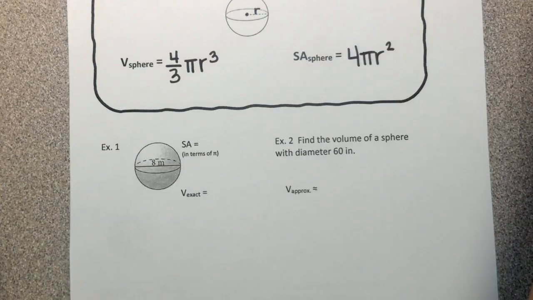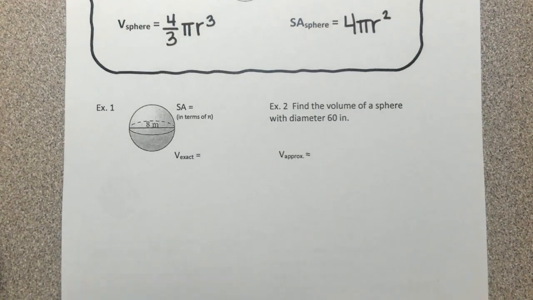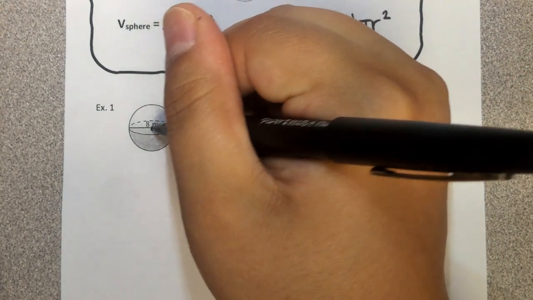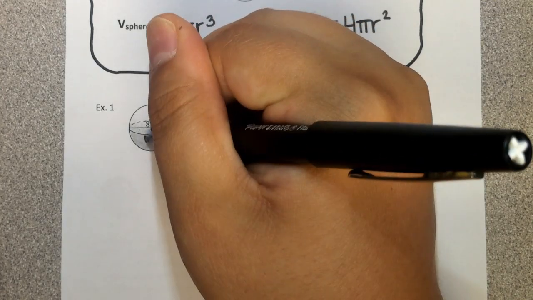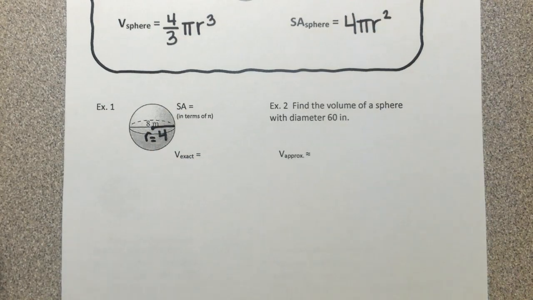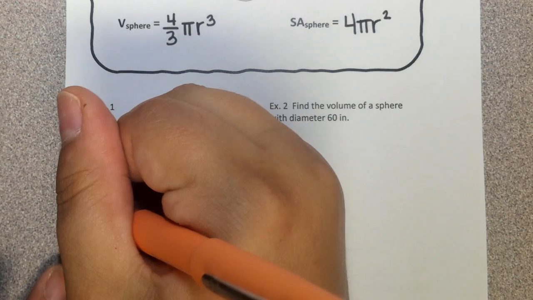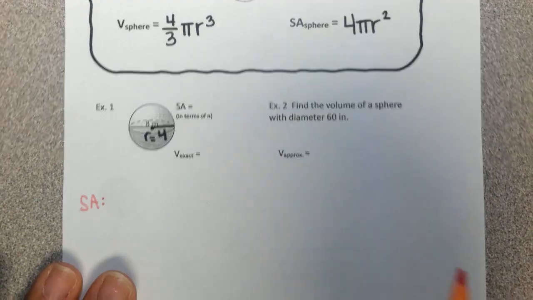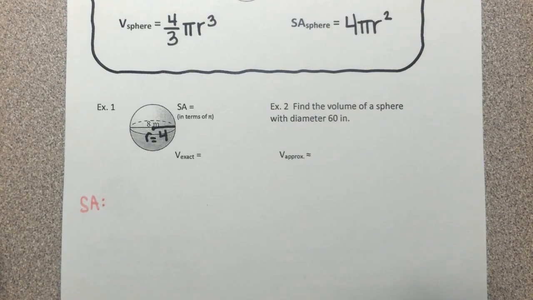Are you ready? All right, number 1. What do I know about number 1? Do y'all agree the radius is 4? Write that down, please. And now that I know the radius is 4, can I find the surface area? How? What did I say? I wanted 3 things written.